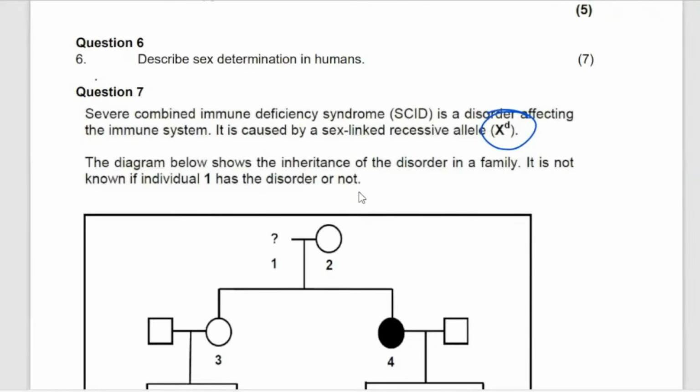I repeat, identify whether it's caused by a dominant allele or recessive allele. Because if it is caused by a recessive allele, the one who is homozygous recessive is going to be affected. If it is caused by a dominant allele, the one who is homozygous recessive is going to be normal. Let me show you using here.